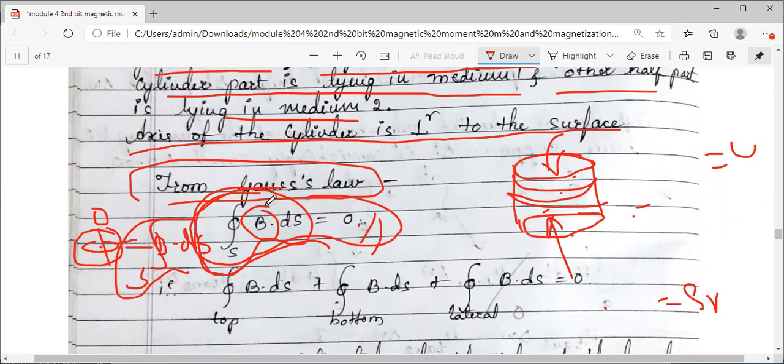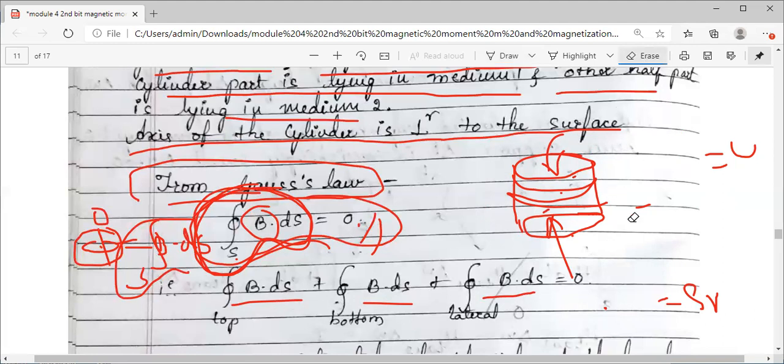So we have to calculate the left hand side of Gauss's law for magnetic field, the surface integral of B dot dS, for 3 different integrals. One will be the top surface, one the bottom, and one the lateral.